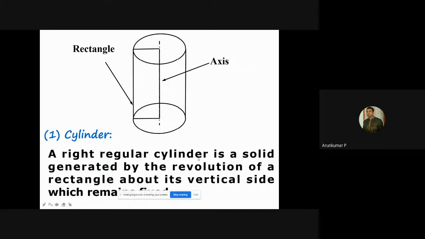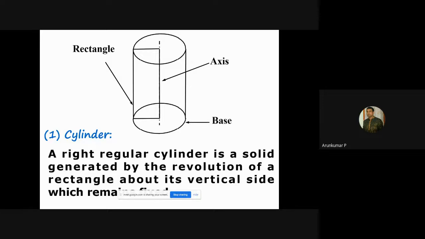That is why these are called surfaces of revolution or solids of revolution, because you are revolving this particular rectangle about the axis by 360 degrees. Hence, you get the shape of the cylinder.